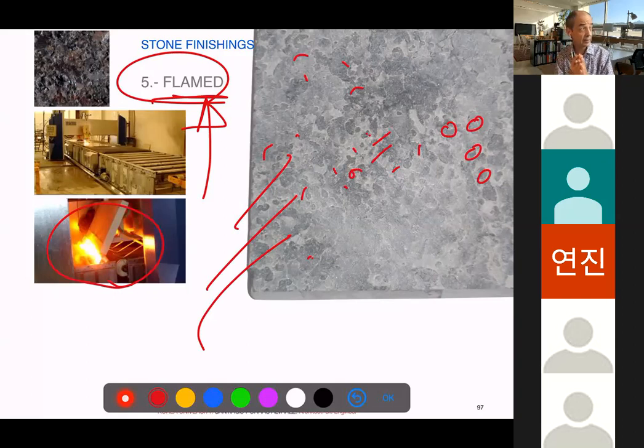And as I tell you, if you look around, floors and walls often are flamed in Korea or around Seoul in the campus. And often it is done over a polished stone. So you will see remains of the polished areas in not very well flamed stones around the campus.